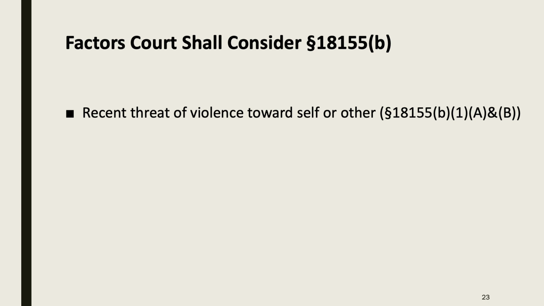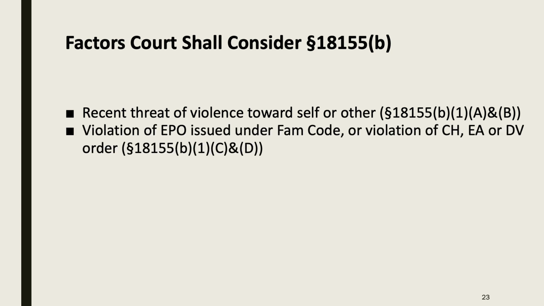The factors the court has to consider are, one, a recent threat of violence toward the person or others, and whether there's been a violation of an emergency protective order issued under the Family Code or a violation of a civil harassment or elder abuse or domestic violence order.